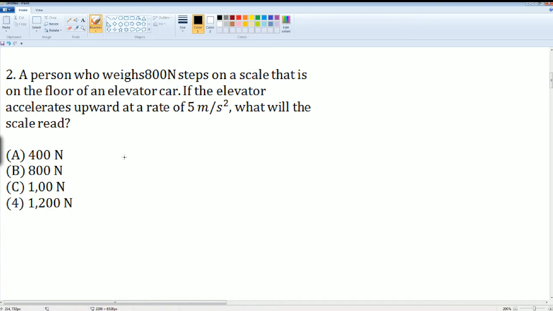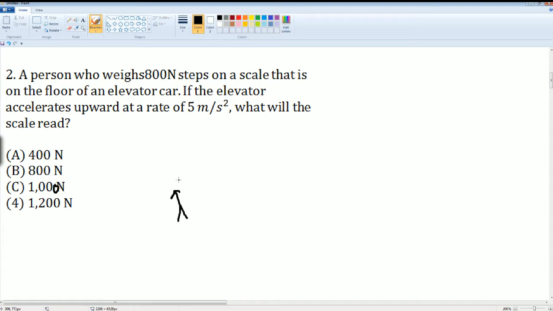2. A person weighing 800 newtons steps on a scale. I meant to write 1,000 here. A person weighs 800 newtons and steps on a scale that's on the floor of an elevator car. If the elevator accelerates upward at a rate of 5.5 meters per second, what is the scale reading? Okay, so let's just draw the person here so we could get a visualization.